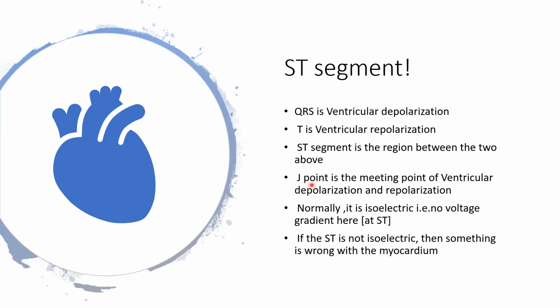The J point is the meeting point of ventricular depolarization and repolarization, like I've alluded to, and we will see in a bit again. Normally, the ST segment is isoelectric, meaning there's no voltage gradient at that level. If the ST is not isoelectric, then something is wrong with the myocardium.